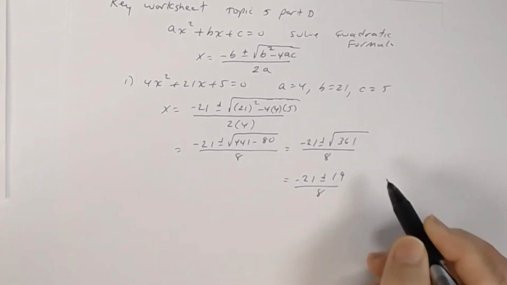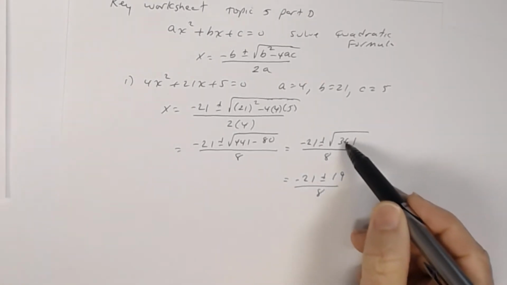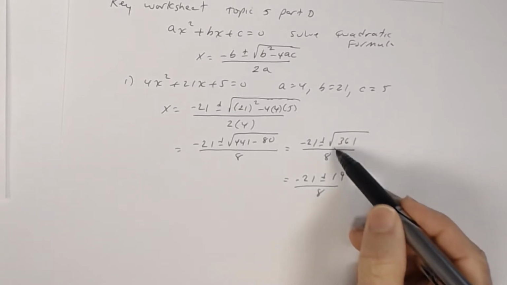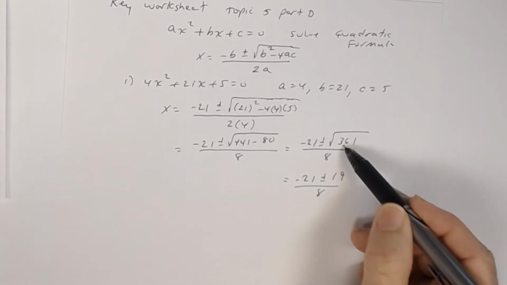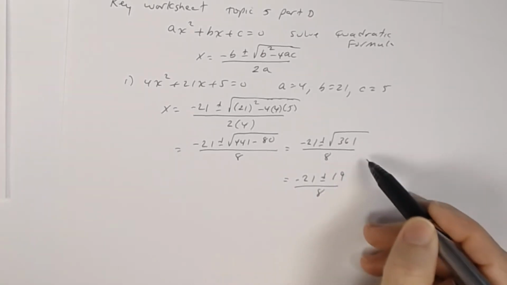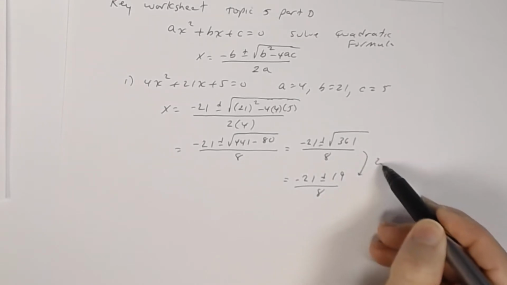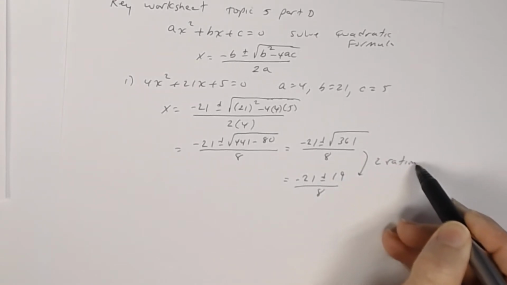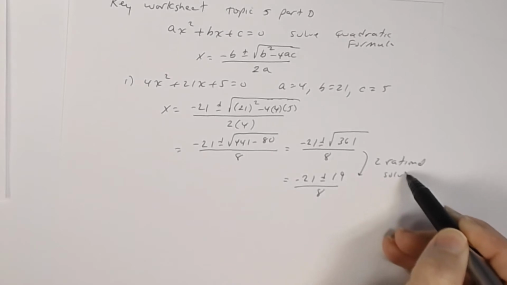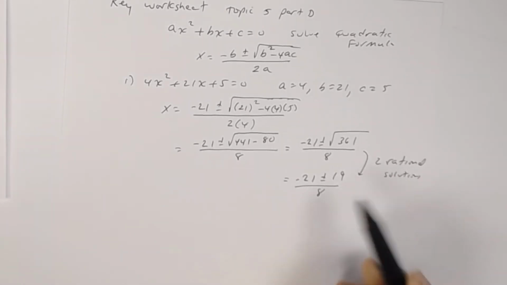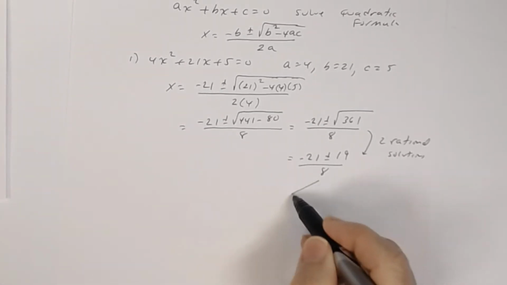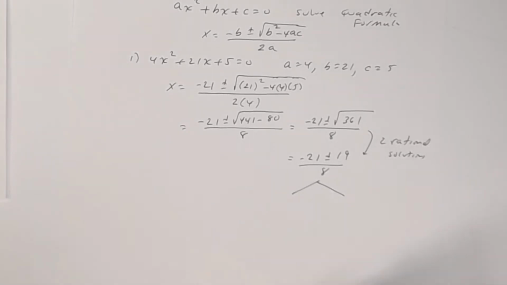Now in your lessons you learned that when you take the square root of the radicand, and the radicand is a perfect square, you end up with two rational solutions. So at that point, you're going to write your answer as rational solutions. You're going to split this apart.